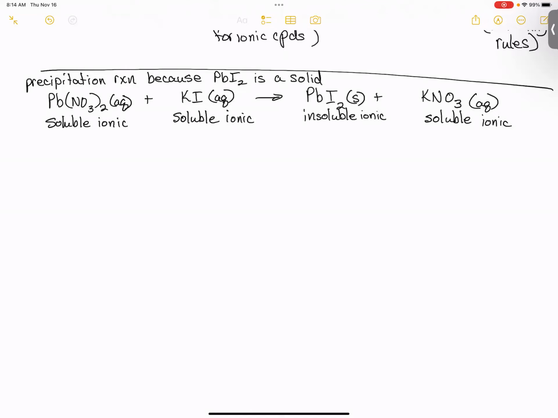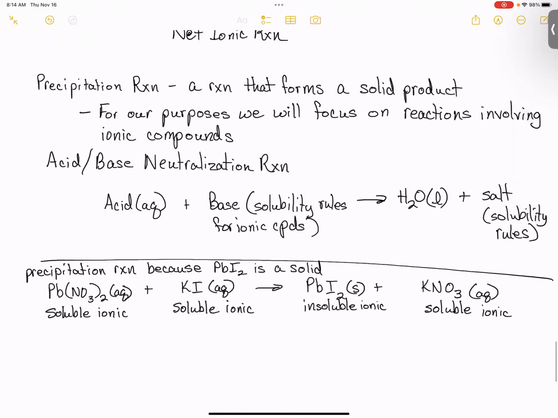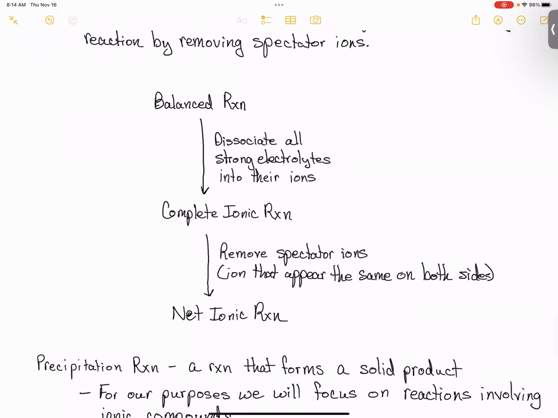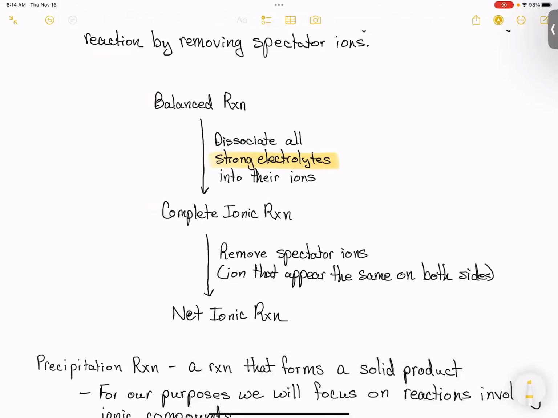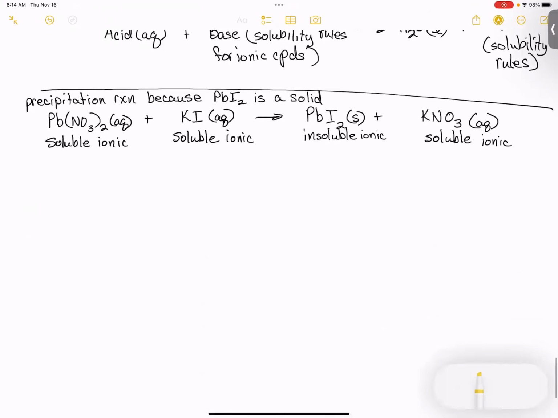We're also now going to apply the complete net ionic. To apply the complete net ionic, we've got to decide, is it a strong electrolyte or not? Because strong electrolytes are the only ones that get dissociated.